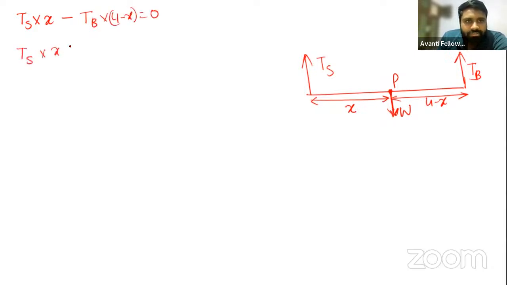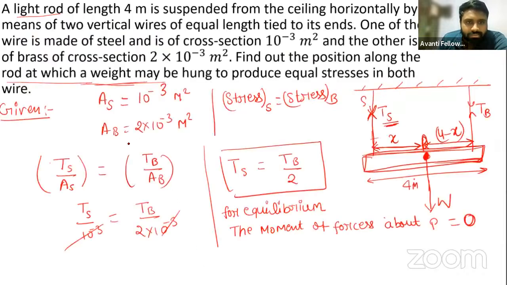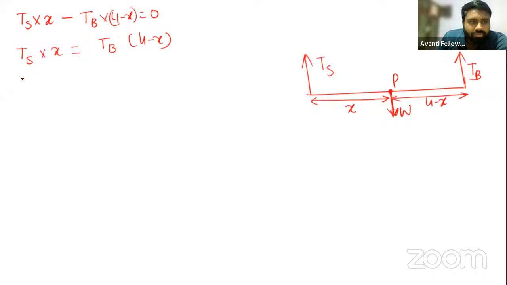Ts into x is equal to TB into 4 minus x. Ts is nothing but TB by 2, which we calculated. So TB by 2 into x equals TB into 4 minus x.